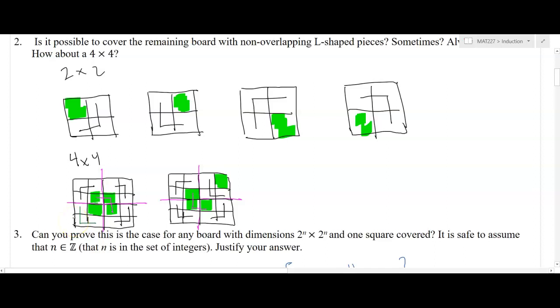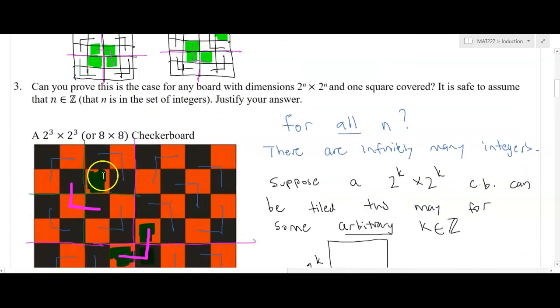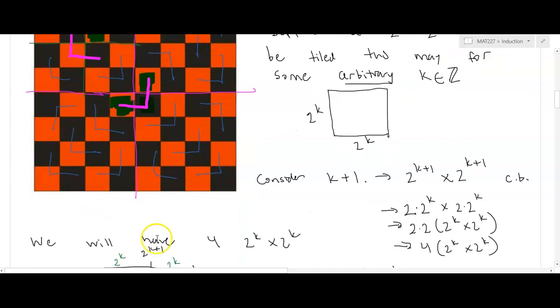And guess what? If it works for a 4 by 4, if that's our 2 to the k by 2 to the k, then it works for an 8 by 8. And if it works for that, then it also works for a 2 to the 4th by 2 to the 4th, or a 16 by 16.